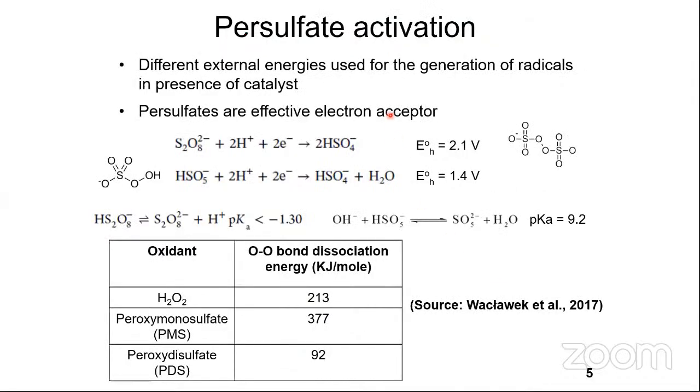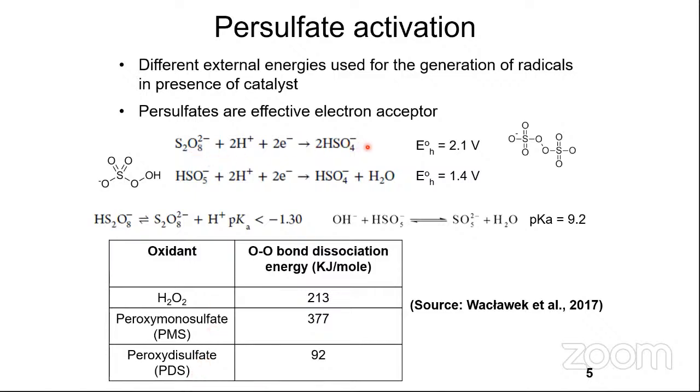Moving towards persulfate activation, different external energies were used for the generation of radicals. The persulfate salt is used as a source for sulfate radical generation. Peroxymonosulfate and peroxydisulfate are the two salts.